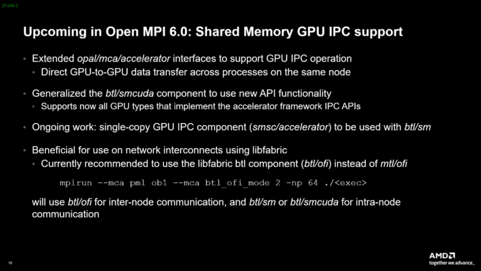As some of the components that will make use of that, we modified the old BTLs and the CUDA component to use this new functionality, but we've also designed a new single-copy component in Open MPI that relies on the GPU IPC mechanism. That work is now complete and is currently being reviewed.